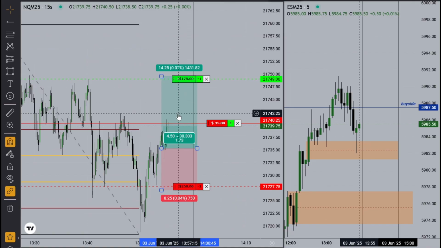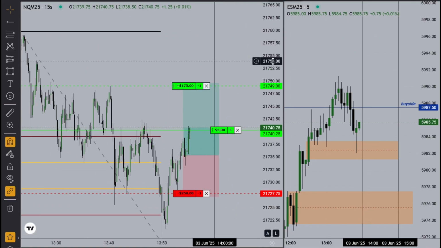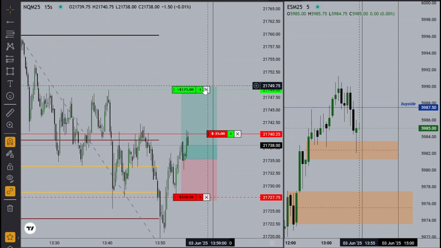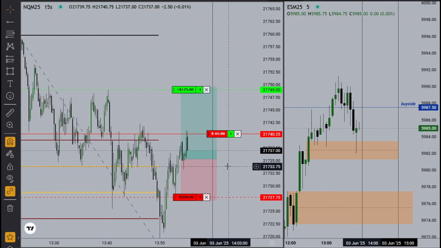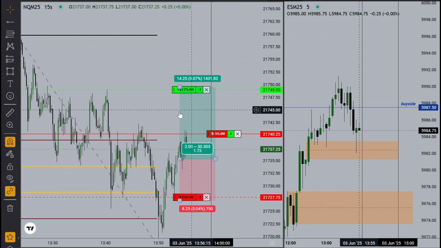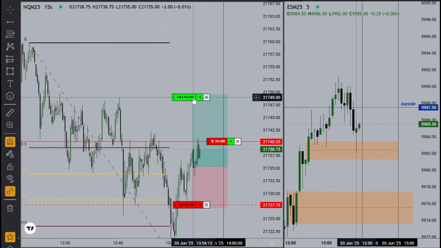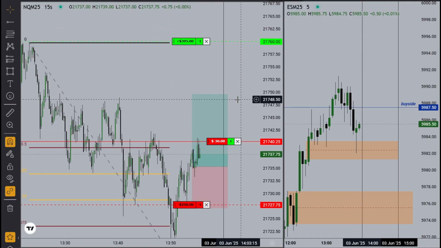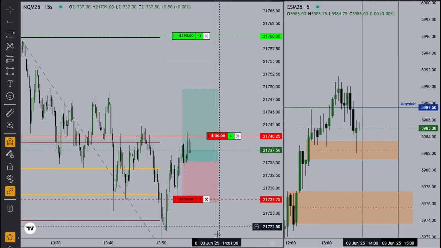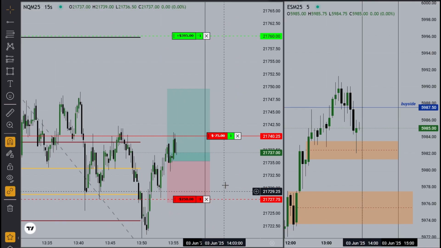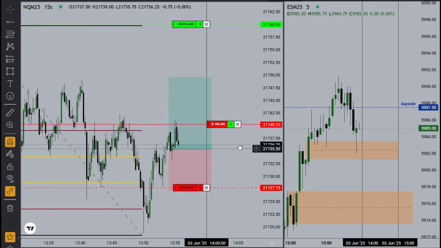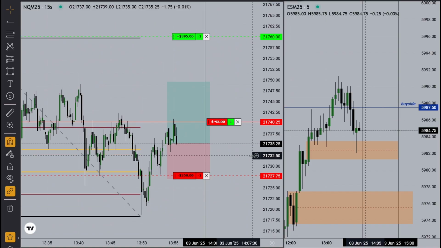That's not a good fill, but let's see where the market goes. However, this is an unlikely trade, as I mentioned a few minutes ago. The best trades always come when ES aligns to your structure on NQ.